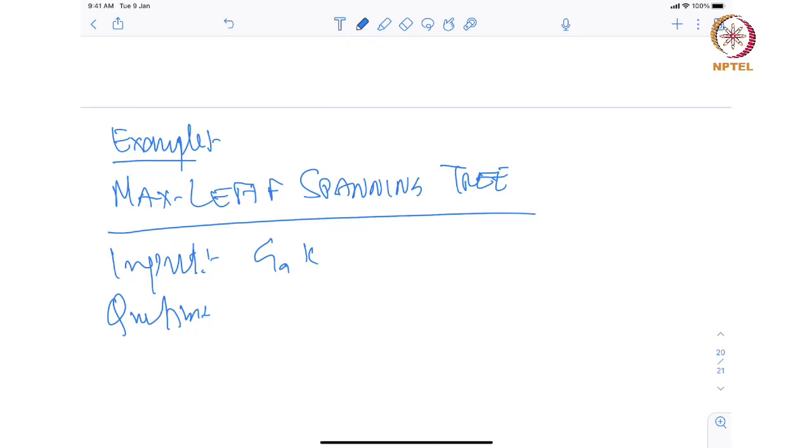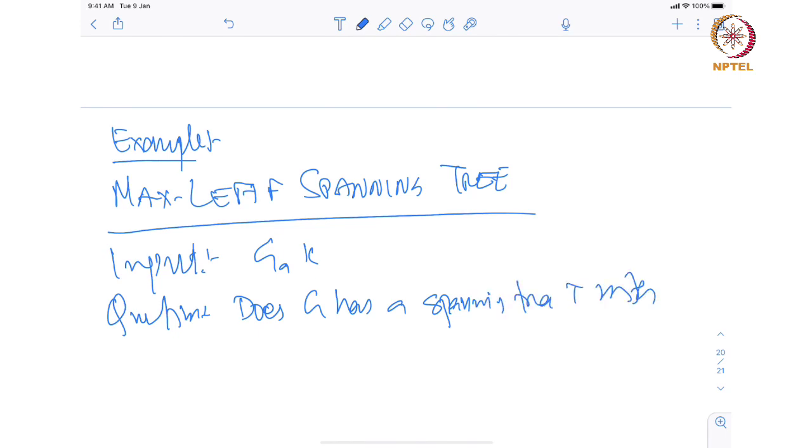And the question is, does G have a spanning tree T with at least k leaves?